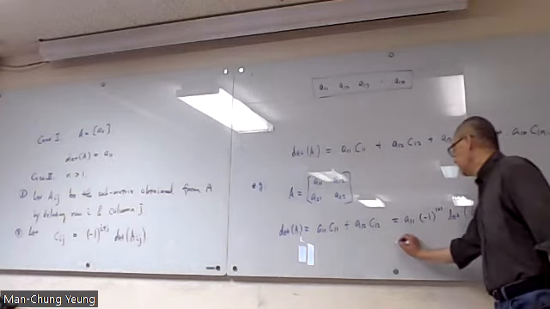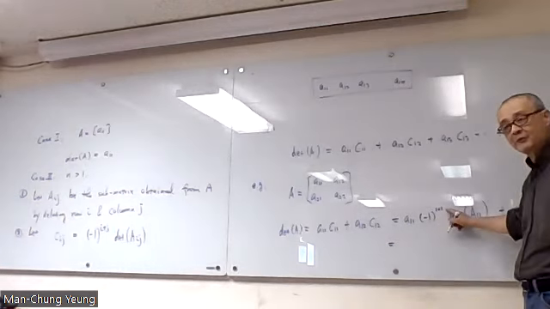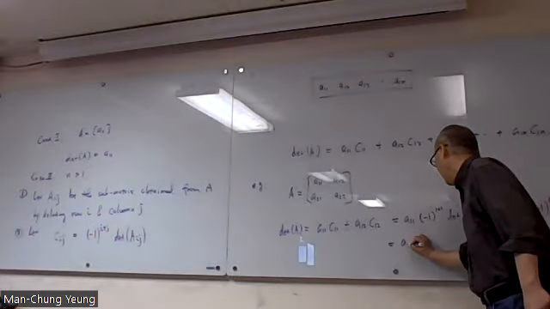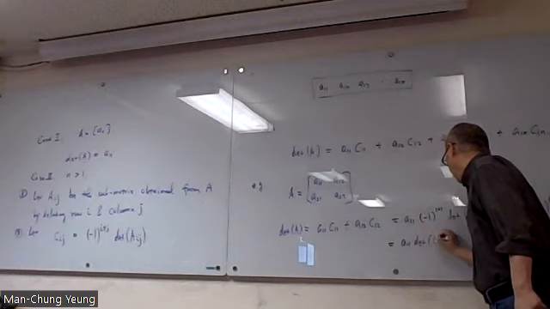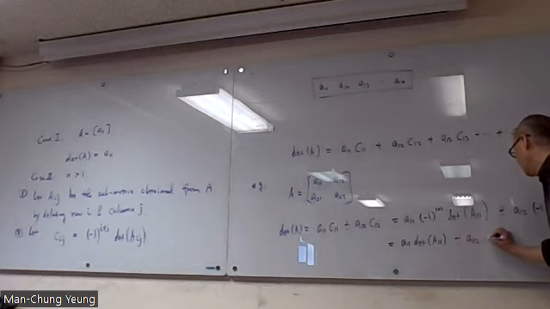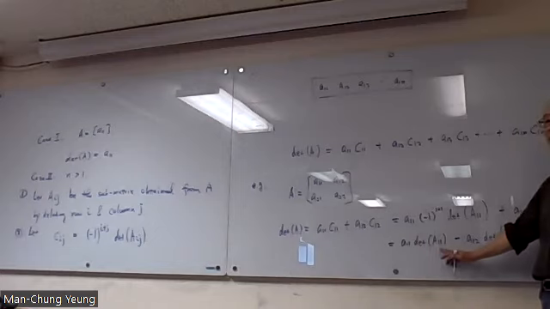Now let me simplify. Negative 1 to the 1 plus 1 is negative 1 squared, positive 1. So A11 times the determinant of capital A11. How about here? Negative 1 to the third is negative 1, so minus A12 times the determinant of capital A12. Now, what is capital A11?